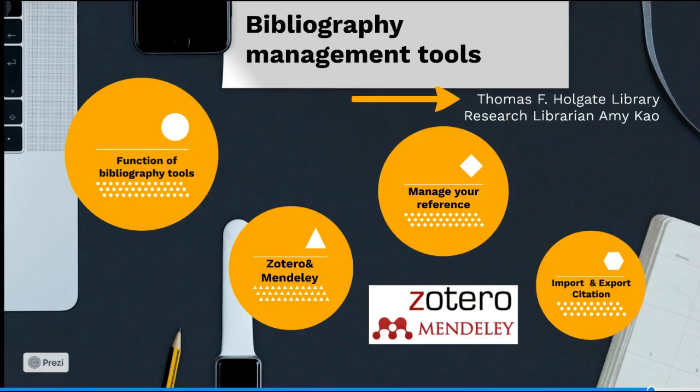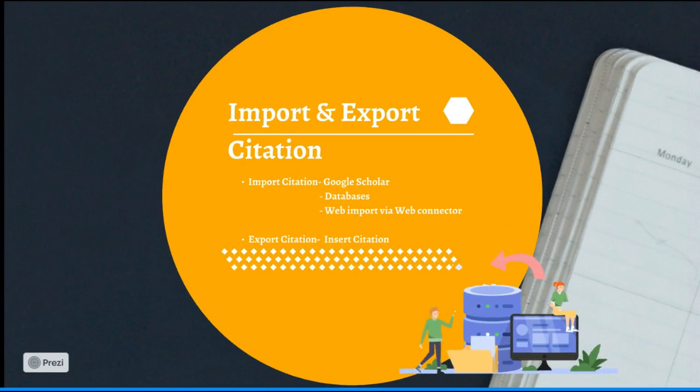Import and export the citation. You can import a citation from Google Scholar, databases, or the web importer via the web connector. Then export a citation. That means inserting the citation into your Word.